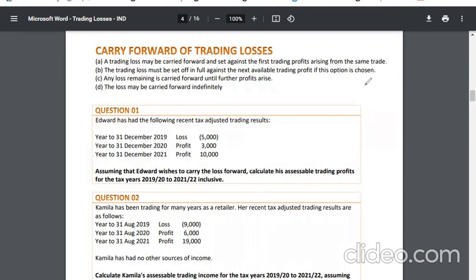See this one. We used to have net profit, remember? After we adjust, add and deduct, we get adjusted trading profit, remember?